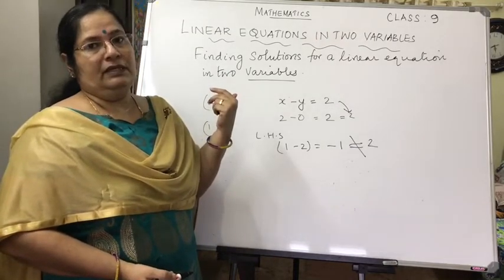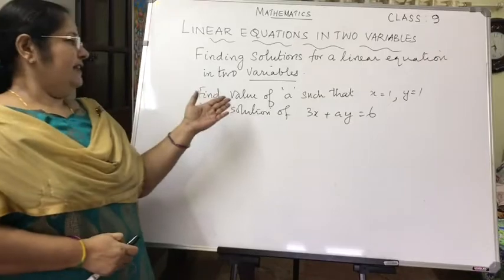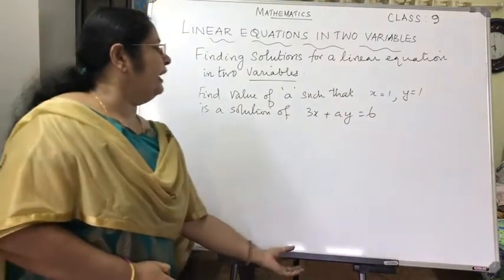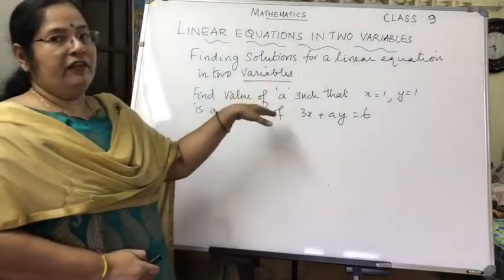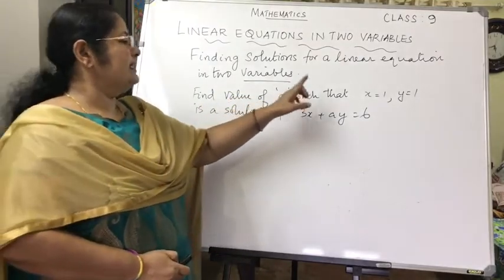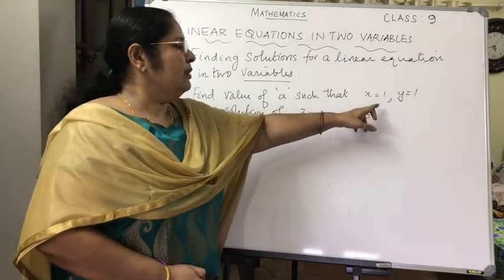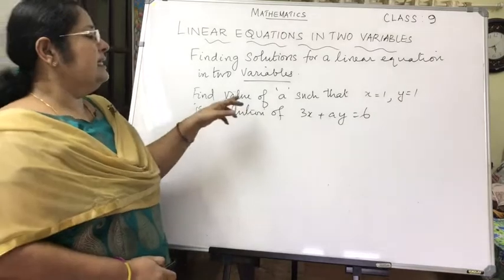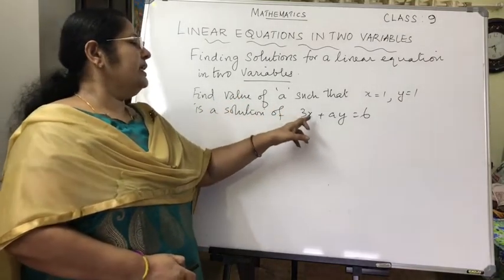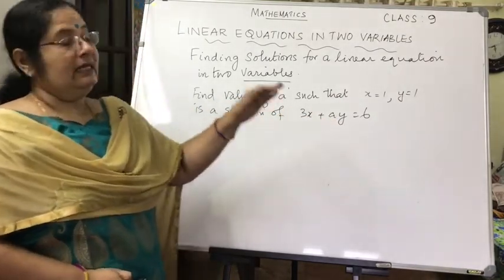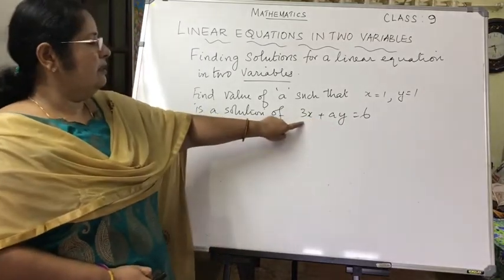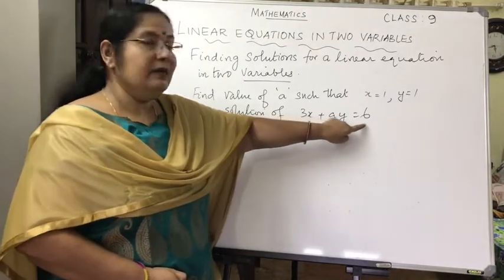Now I got a question here, just see. Find the value of a. So again one more variable we are having. Find the value of a such that x equals 1 and y equals 1 is a solution of the equation 3x plus ay equals 6. That means you have a linear equation in two variables, 3x plus ay equals 6.